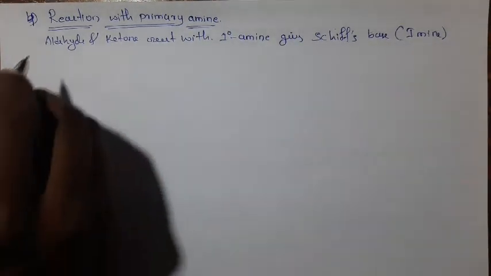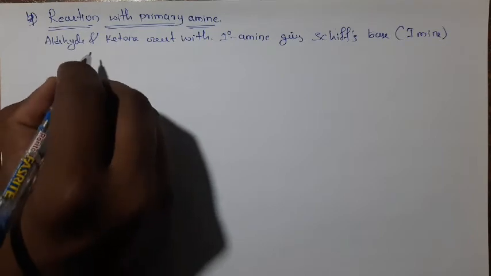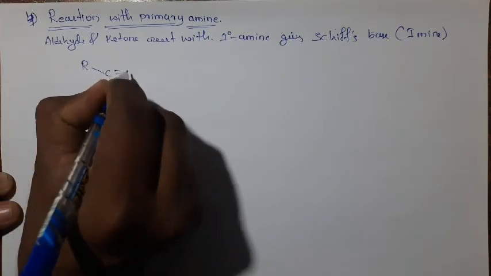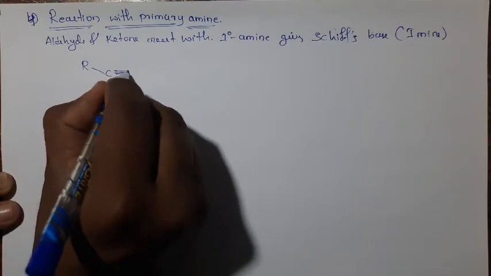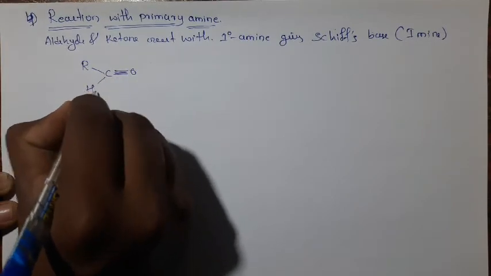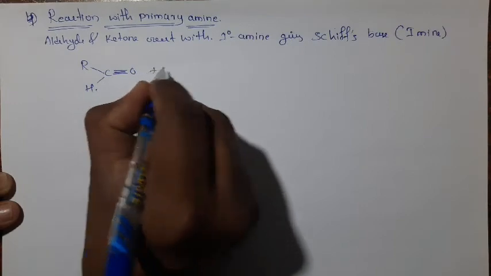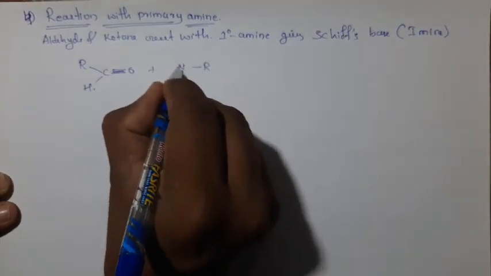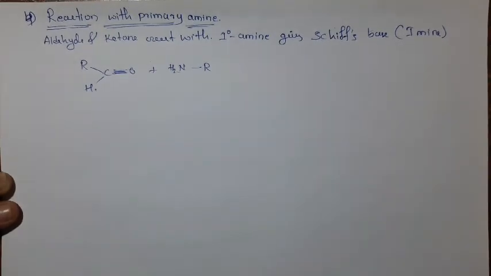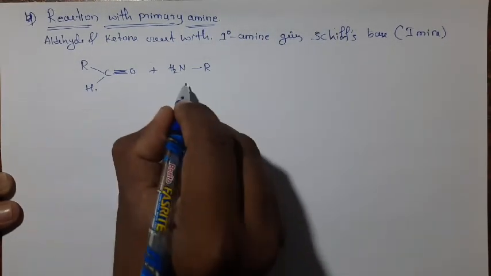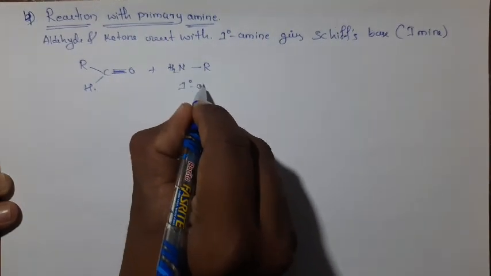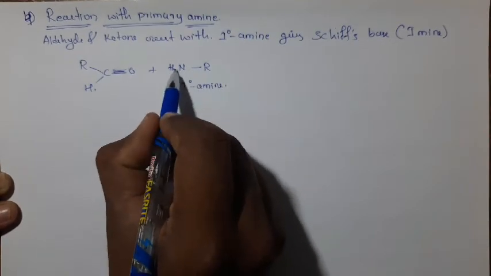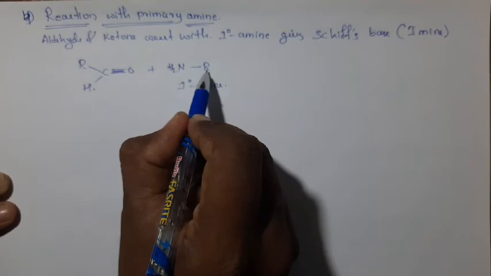For example, when an aldehyde is reacted with a primary amine, this is our aldehyde and this is the primary amine. Primary amine means that in ammonia, one hydrogen is replaced by one alkyl group.